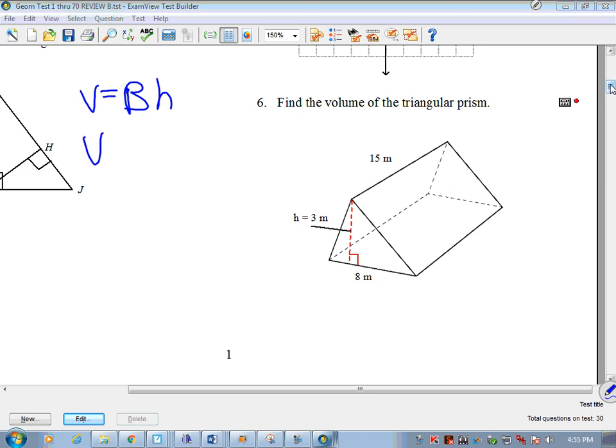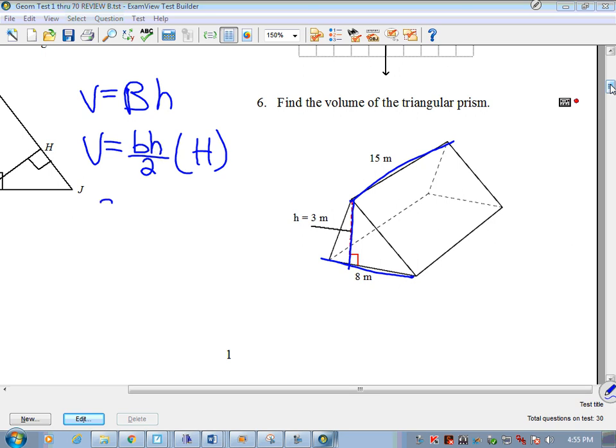So in this case, because the triangle is the base, we want to find the area of the base polygon. That's found by finding the base times the height divided by 2, times the height of the whole prism. So this small b is this length right here, and that small h is this line right here. Now, the big H is that line right there.